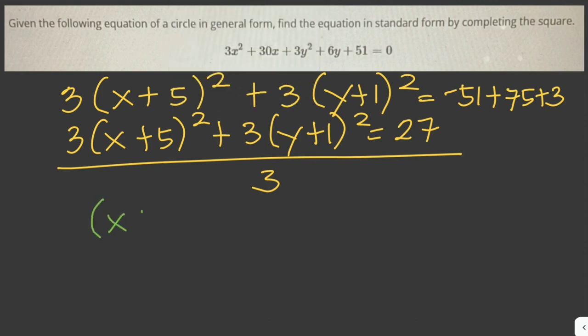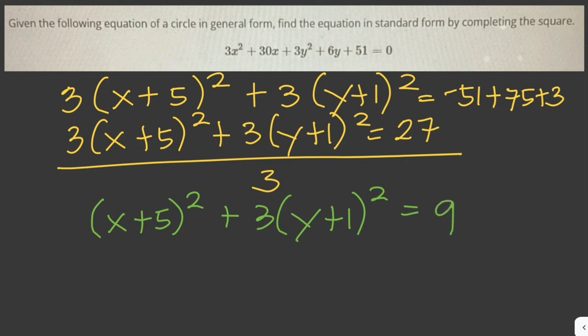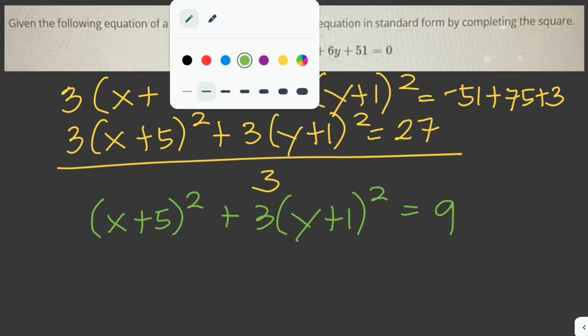Then our equation would become x plus 5 squared plus y plus 1 squared equals 27 divided by 3, which is 9. Now we can write this in its standard form.